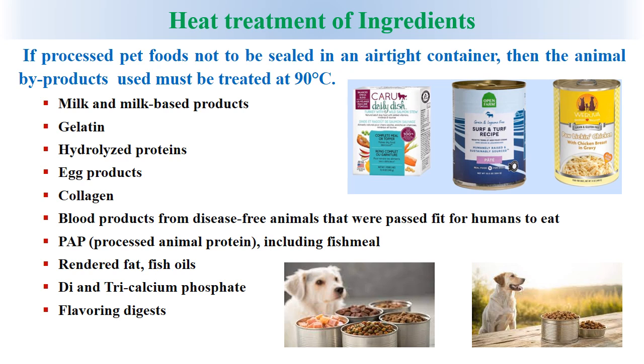So all these ingredients we have a list here: milk and milk-based products, gelatin, hydrolyzed proteins, egg products, collagen, blood products from disease-free animals that has passed for fit as human consumption, then processed animal protein including fish meal, rendered fat or fish oils, dye and tricalcium phosphate and flavoring digests. So all these ingredients are coming from animal origin. They should be heat treated at 90 degrees Celsius before using to the pet food manufacturing.